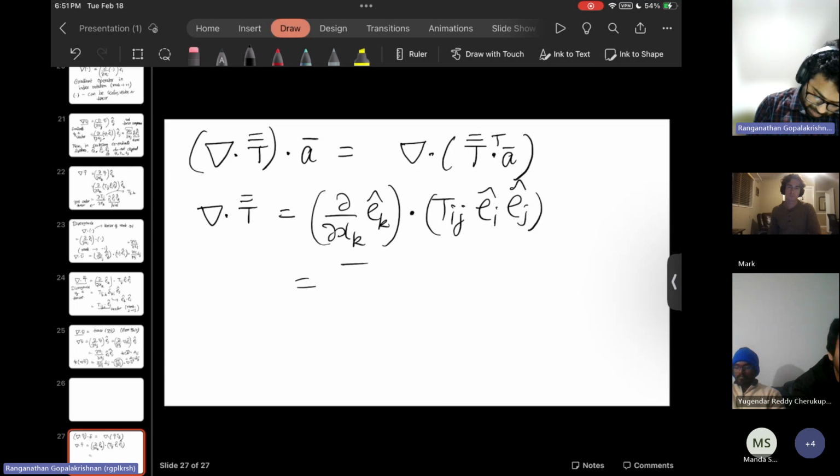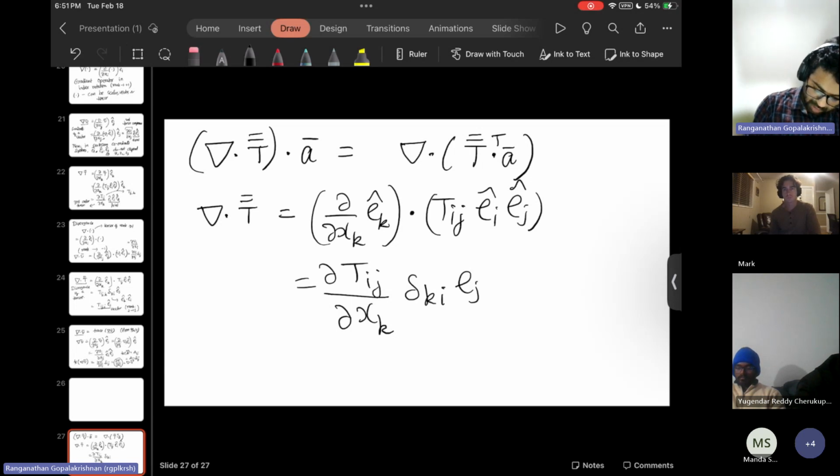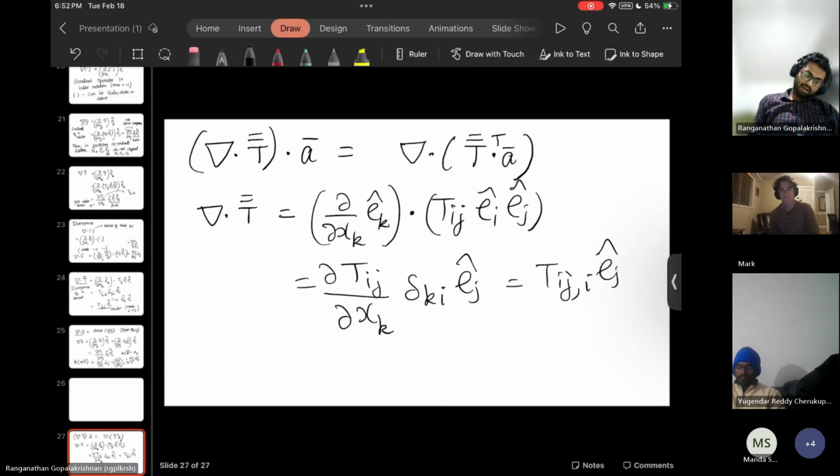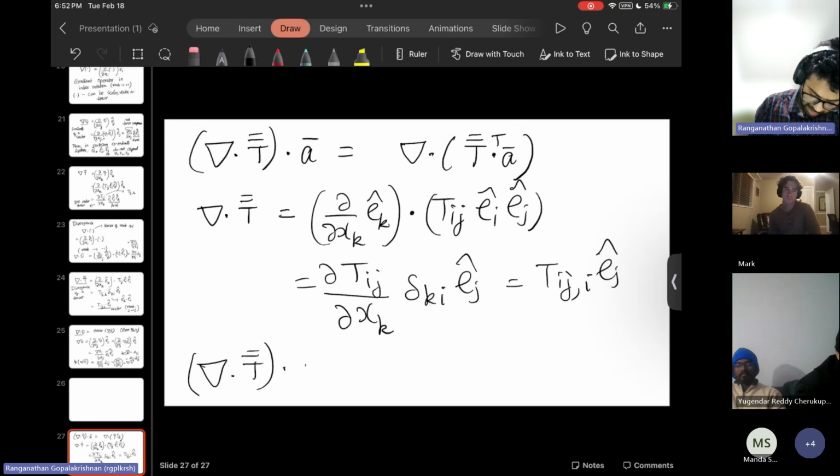So this is partial T_ij over x_k delta_ki e_j, or T_ij comma i e_j. And what is this quantity, divergence of the tensor dot A?